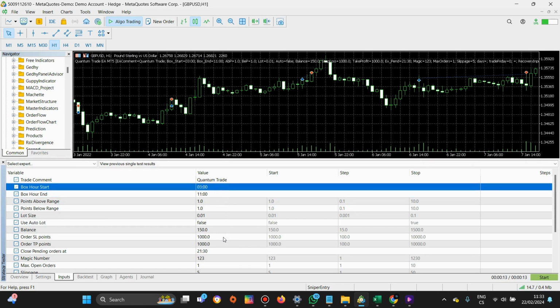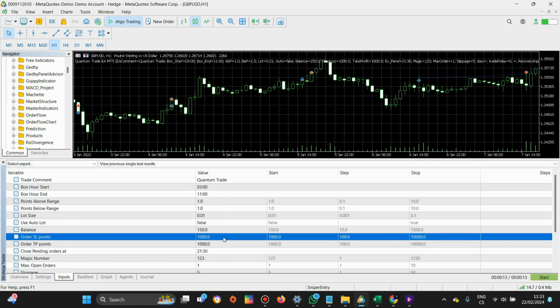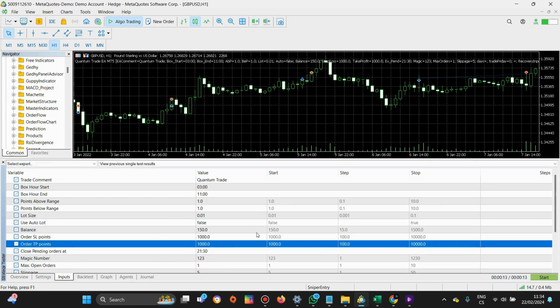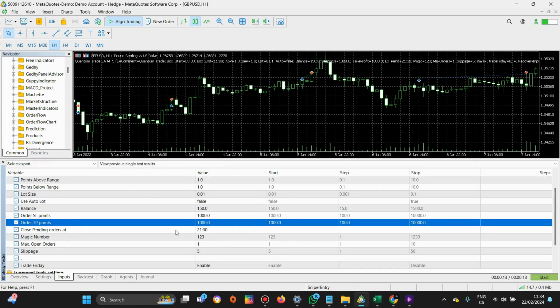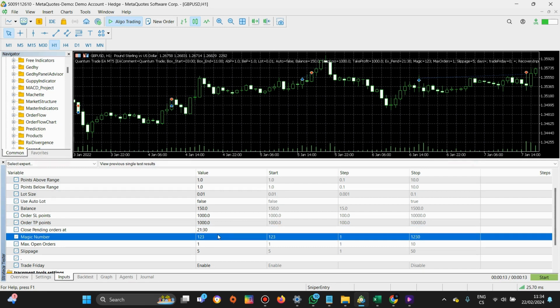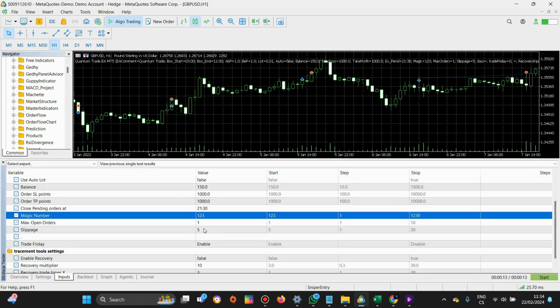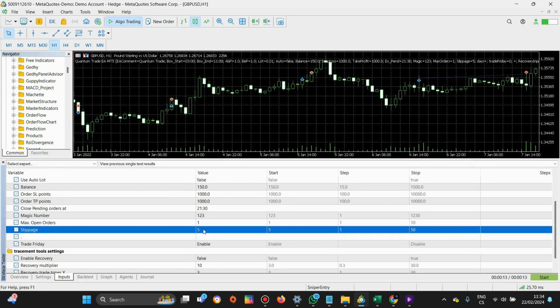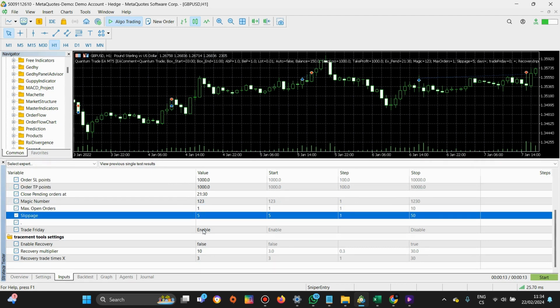Then it sets an initial stop loss of 1000 points, and the same for the initial take profit. It closes pending orders at 21:30, so if none of these pending positions are triggered until this time, it closes them. This is the magic number, then maximum open positions and the slippage, but that's not important.